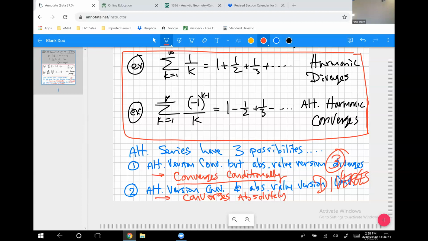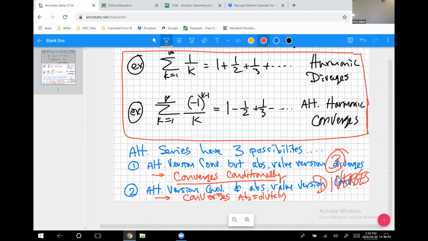So if they both converge, then the alternating convergent series converges absolutely. But if the alternating one converges while the absolute values would then create a divergent series, then we say that the alternating series converges conditionally, because its convergence is conditional upon the fact that the terms alternate.